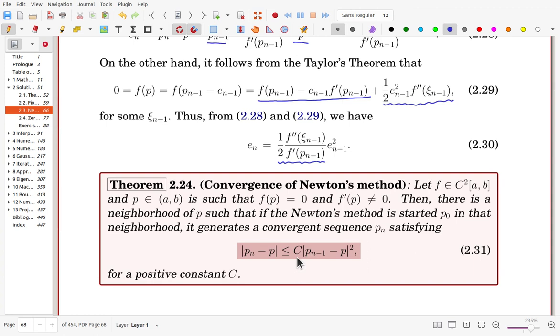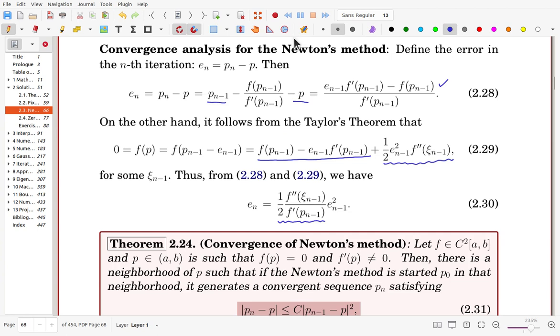Here we summarize the convergence of Newton's method. F is continuous up to the second derivative, and p is in the interval ab such that f of p equals 0, and we assume f prime p is non-zero. In this derivation of the convergence, we assumed that it's non-zero.